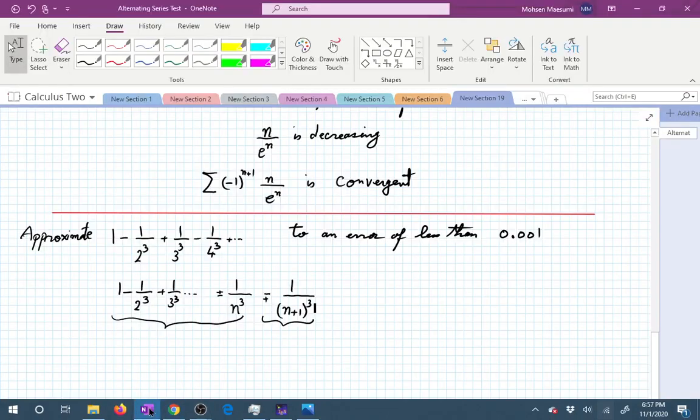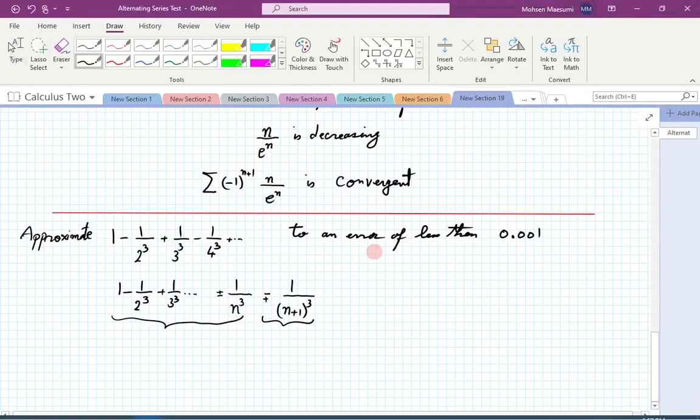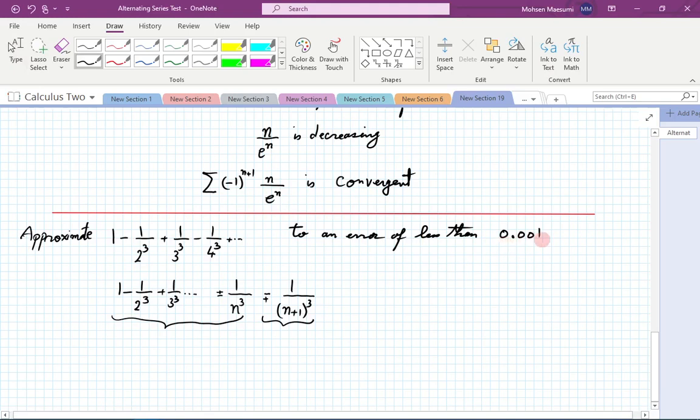So what we say here is that if you want to find out how many terms to add so that your error to the final destination is less than a certain number, all you need to do is to pick the next term and make that to be less than this quantity, and that is going to tell you what n is, and that is going to tell you when to stop.